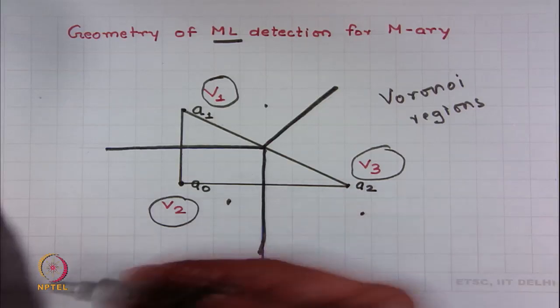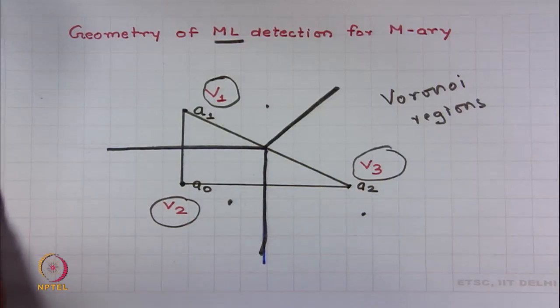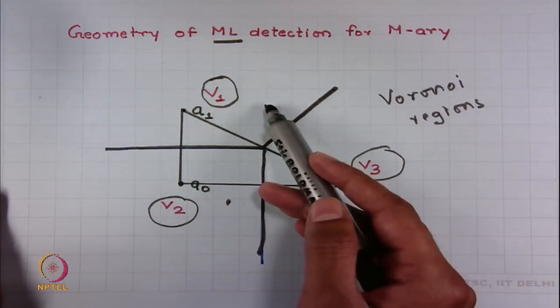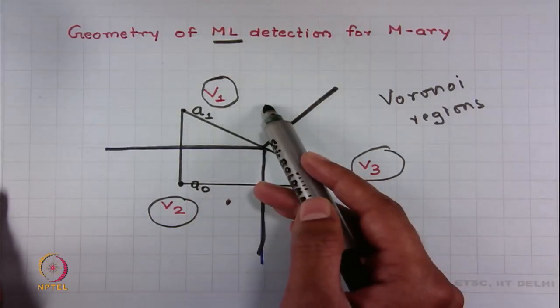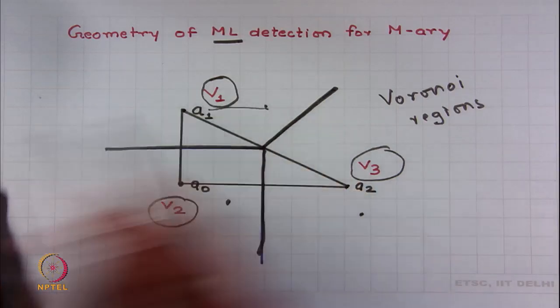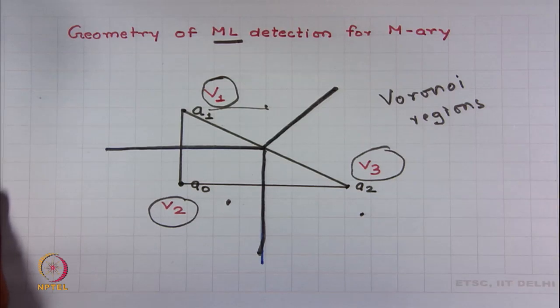So, in terms of geometry, it is pretty simple. You have various signal points, you draw perpendicular bisectors between the signal points, and you get some Voronoi regions. Whenever a received signal lies in a Voronoi region, you assume that this signal corresponds to the hypothesis in whose Voronoi region the signal is lying.